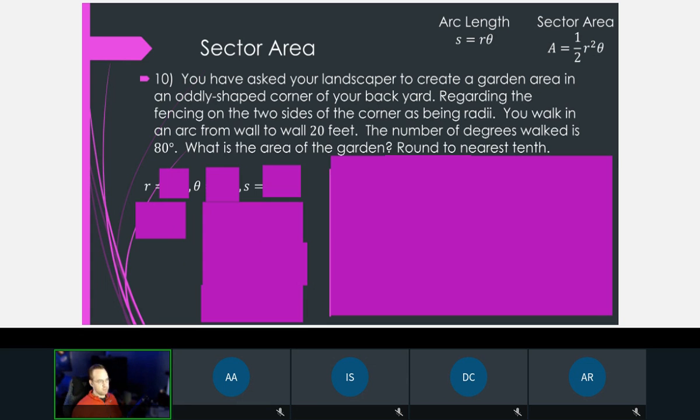So 142.8. So Danica thinks the answer is 142.8. Let me open up my, I'm gonna look at my actual PowerPoints versus moving stuff around because I don't want to give the answer away. Let's see.